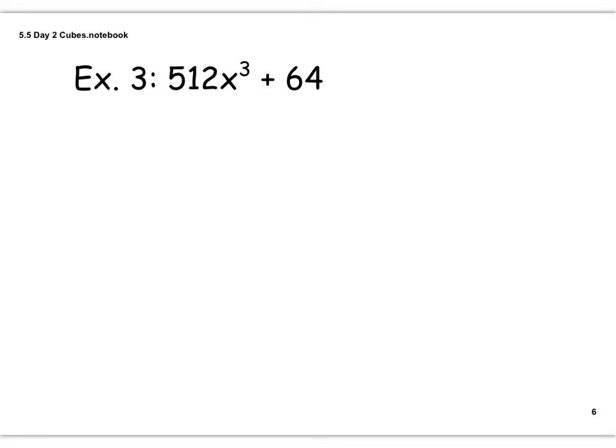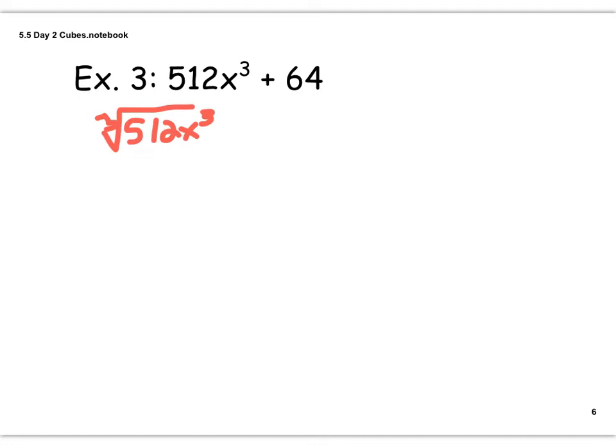Okay, in this particular case, a is going to be a little bit more challenging to come up with, but I still think that you're capable of it. So let's do some side work over here. I need to come up with the cubed root of 512x to the third, and we would have a little 3 in the index of our radical right there. That's not the world's greatest looking 3, but I think you get my point.